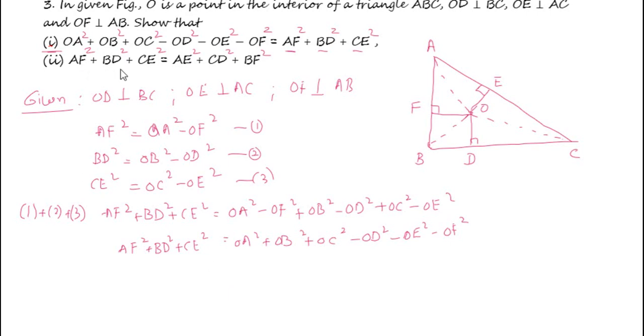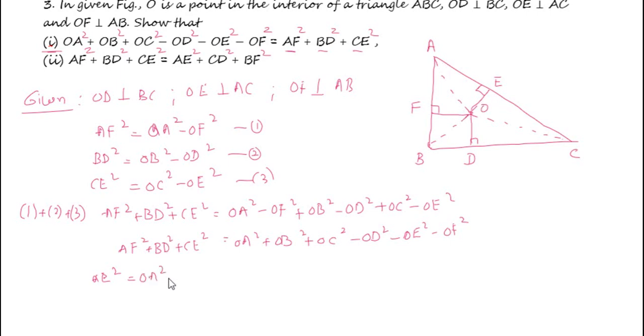AF square plus BD square plus CE square equal to AE square plus CD square plus BF square. On the right side, what is given is AE square. So AE square is nothing but OA square minus OE square.